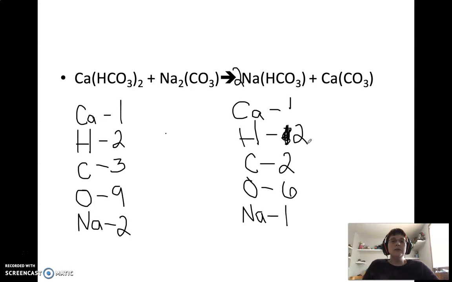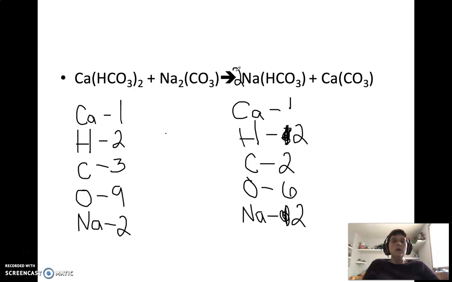So let's see what that does to the rest of the equation, because that does change the numbers. It is going to make us have 2 sodiums, so Na2, which actually balances those.